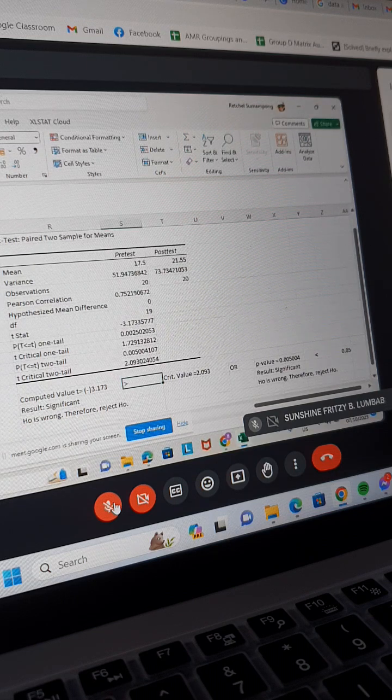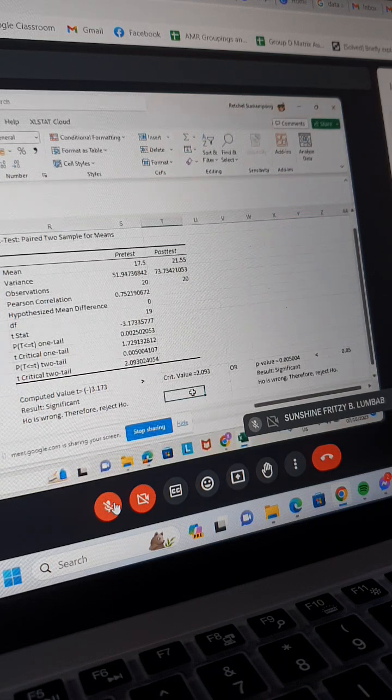Right? That is greater. So therefore, you can conclude that the result is significant, therefore you need to reject H0. I am emphasizing this to you, class, because sometimes you will get a negative answer. If you are using the critical value, it is automatically plus and minus, so if minus, of course, beyond.